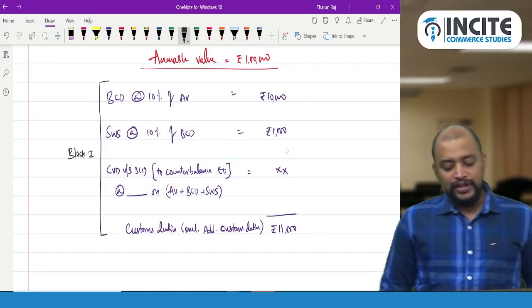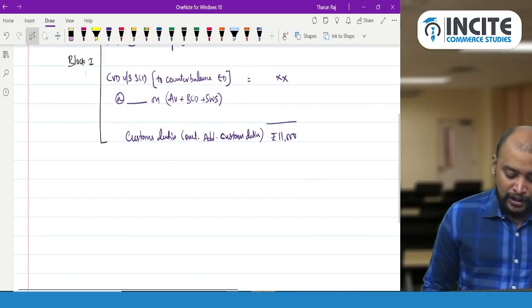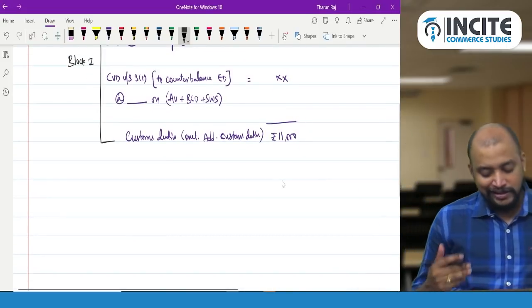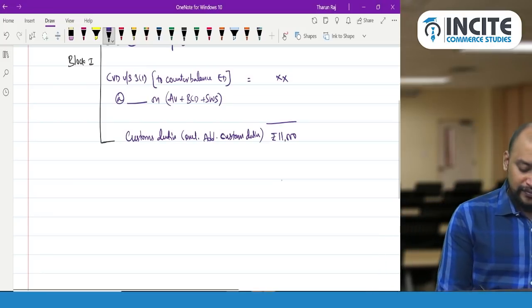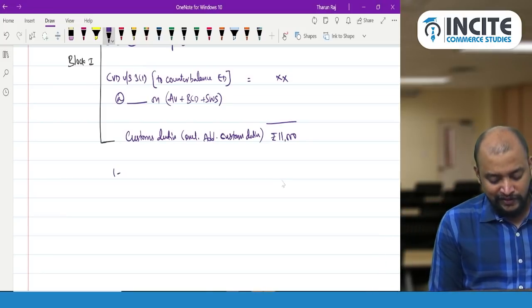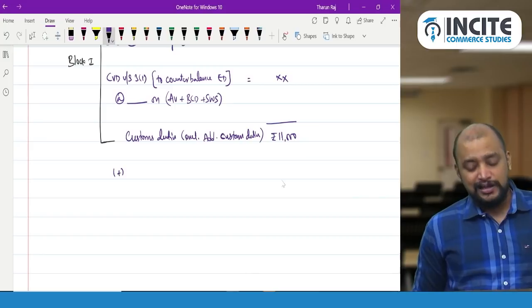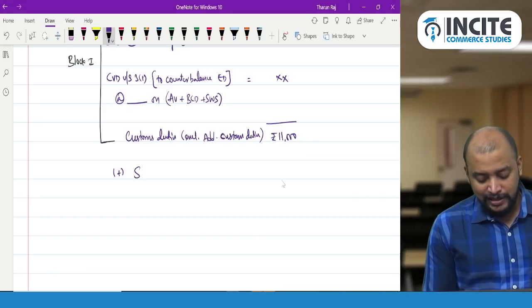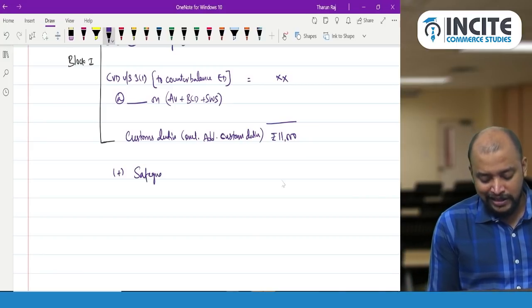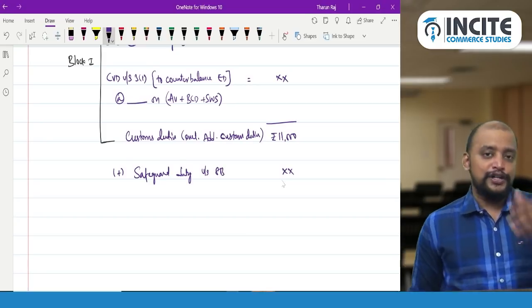Okay. Now the other block. What is that other block? To these customs duties, whatever is there, we need to add additional customs duties. What are the additional customs duties? Safeguard duty under section 8B. How to compute safeguard duty I told you.